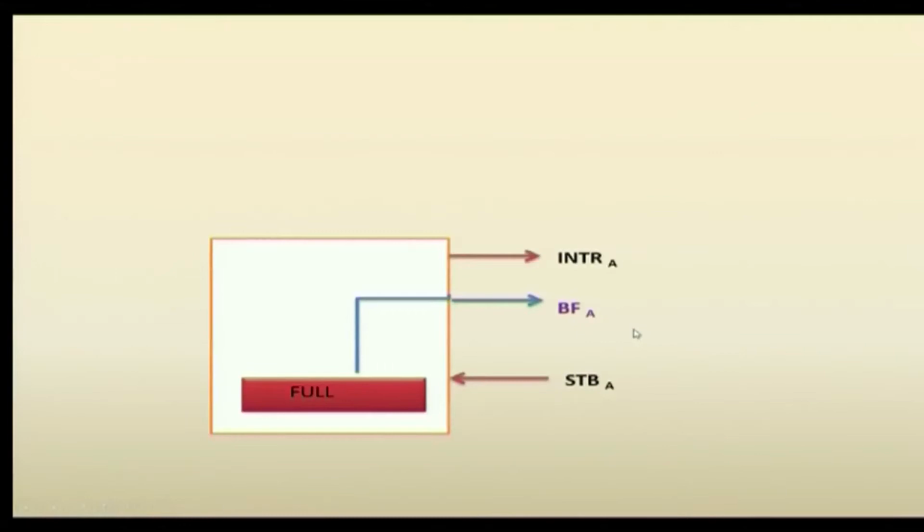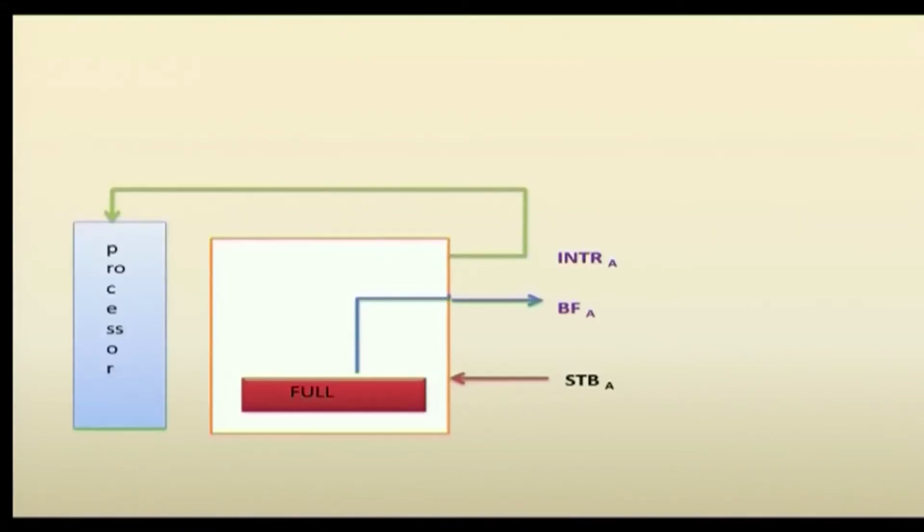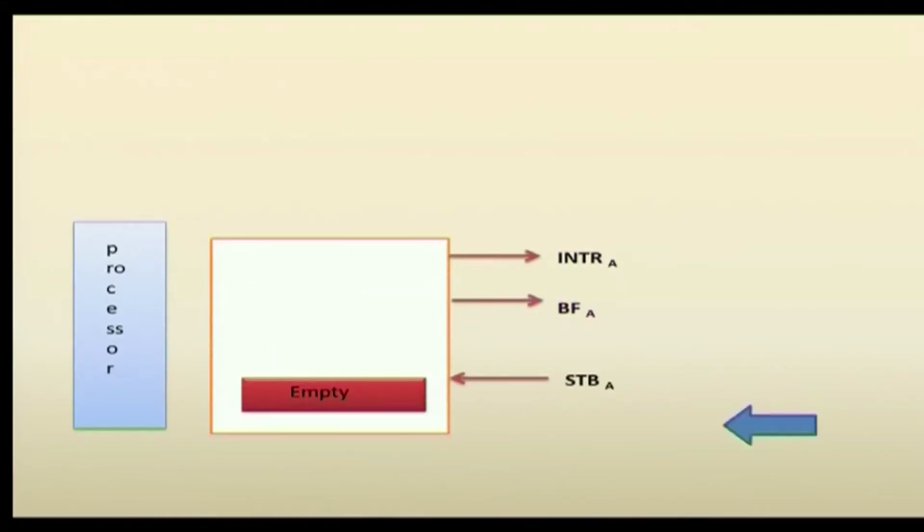Then the peripheral device stops sending the data. Then the filled data has to be read by the processor. So, the interrupt request will be enabled, and it will activate the processor to read the data from the buffer. After reading, it becomes empty again. This is a data transfer between the peripheral and processor with the use of the 8155 by using the 3 handshake signals: stop, buffer full and INTR signals.